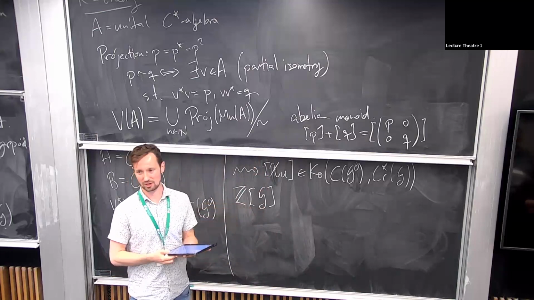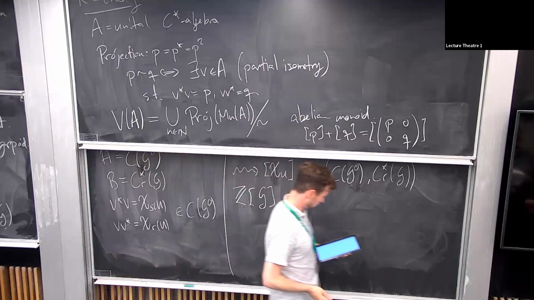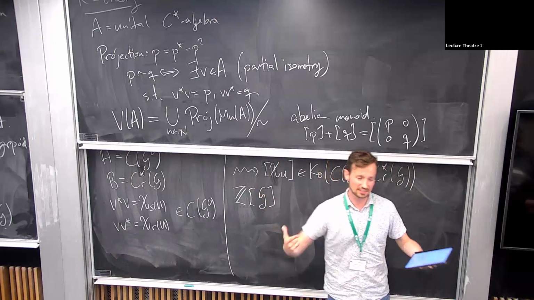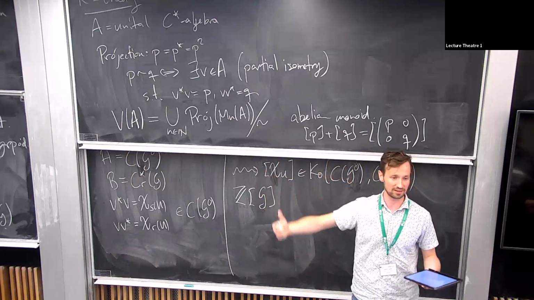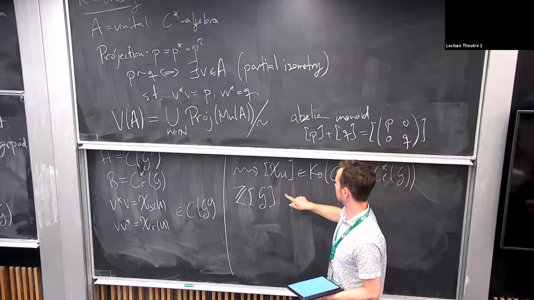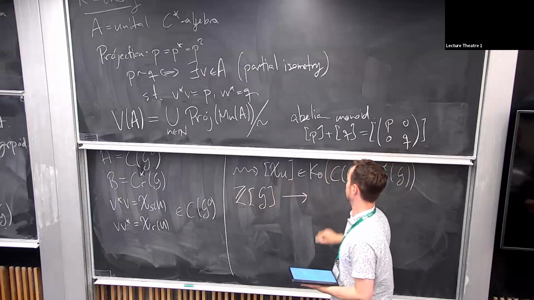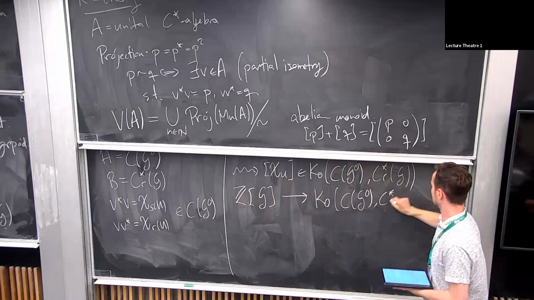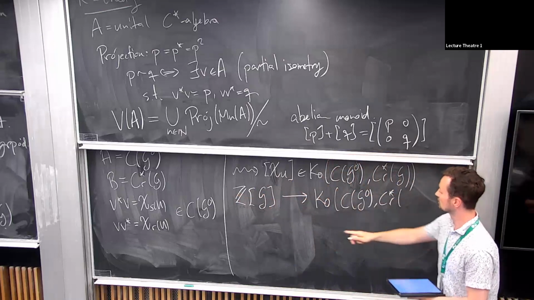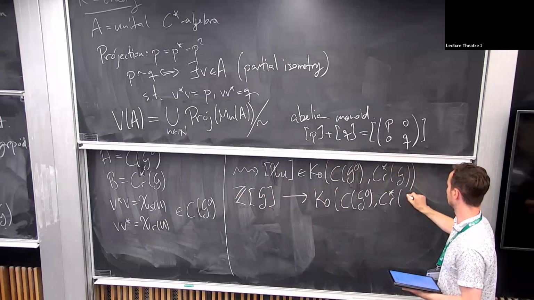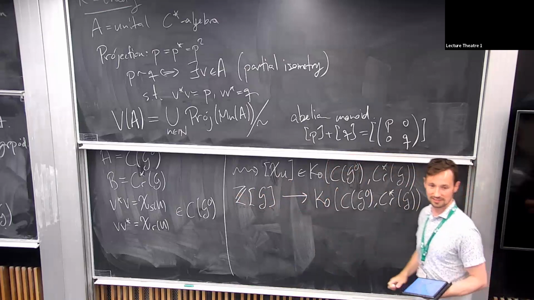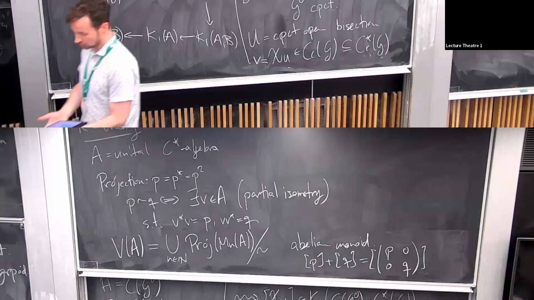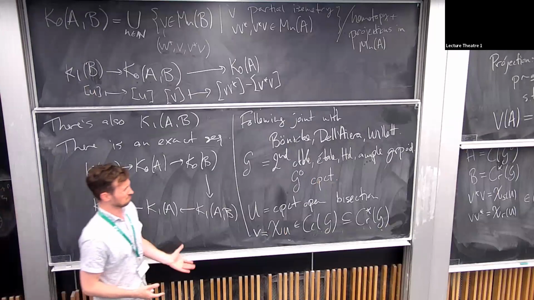And then I also need them to be compactly supported. But this is really just generated in a certain sense by all of these compact open bisections. And this assignment that I mentioned actually defines a homomorphism from this abelian group to this relative K group. So it gives us some way of constructing something.